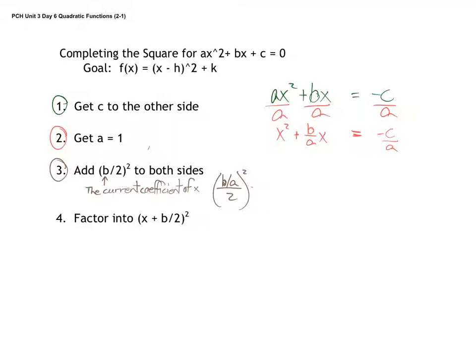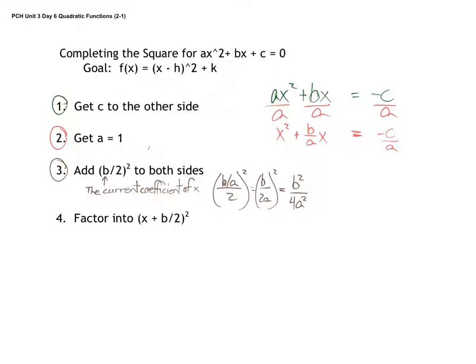So I have b over 2a, and I've got to square that. So I now have b squared over 4a squared. So we have b squared over 4a squared, and that is what I'm going to add to both sides. And guess what I did by doing that?